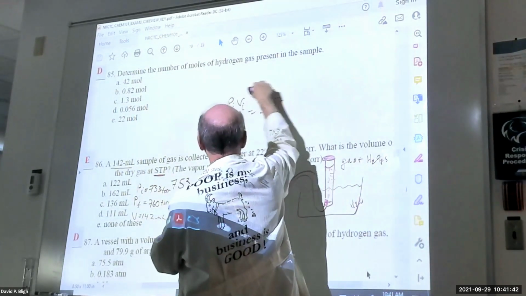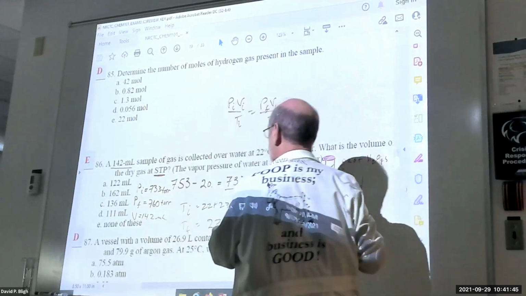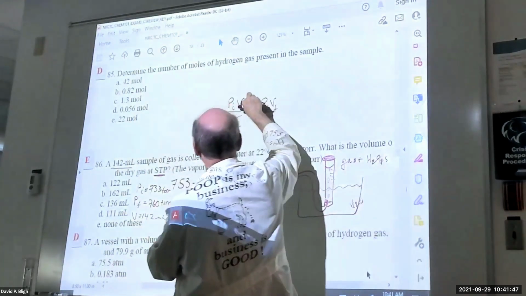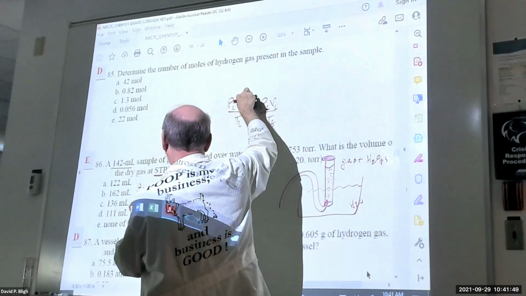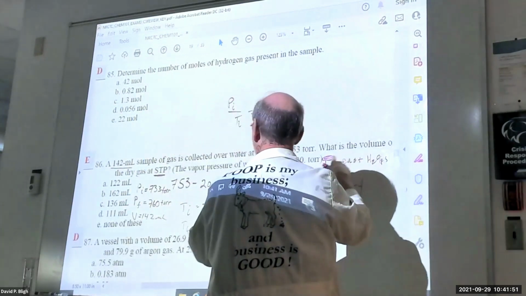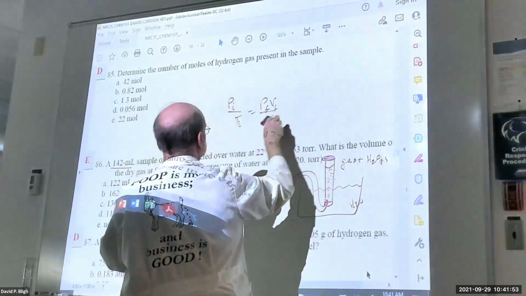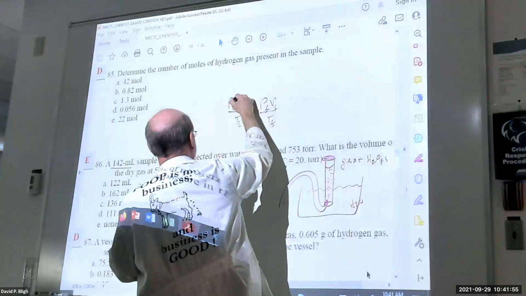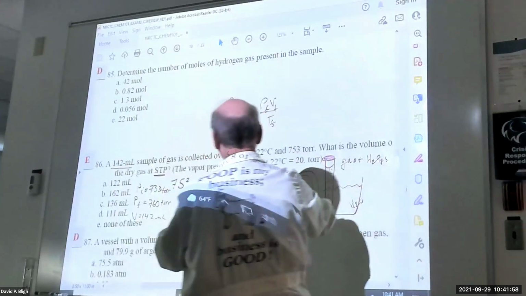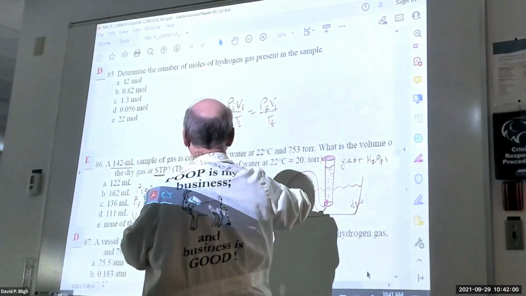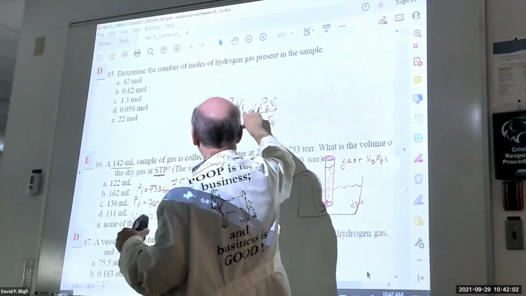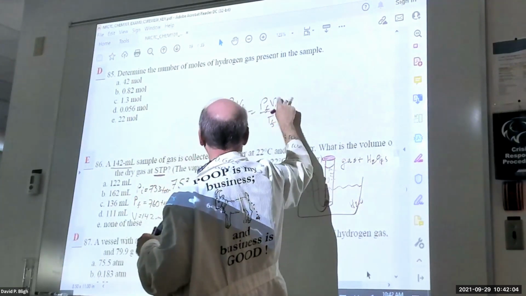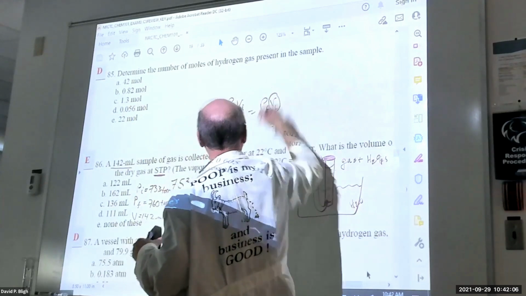Right, between those two. Volume initial, let's see, volume doesn't change either, right? What's the question again? What is the volume? Oh, so we need to keep the volume, excuse me. Okay, so we've got temperature changing, volume changing, and we know the initial volume, but we don't know the final volume. So that is the unknown right there.